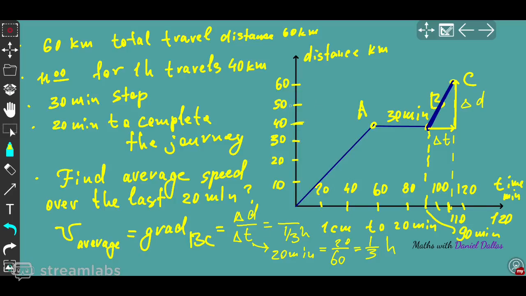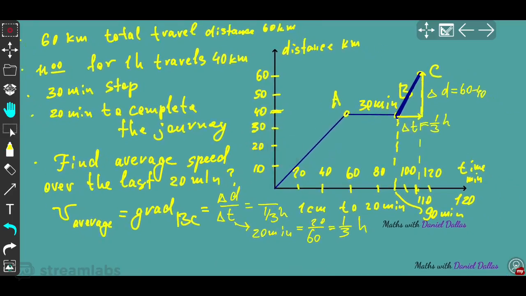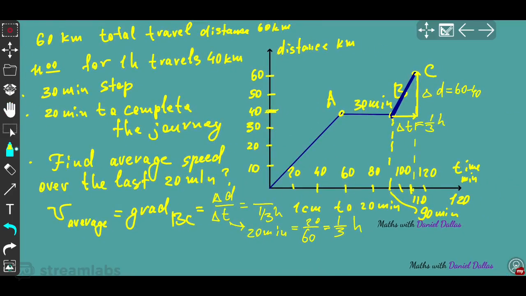From 40, yes, to 60. That's your change in distance. So 60 minus 40, yeah? And time taken is 1/3 of the hour. Okay? Yeah. 20 minutes in other words. Okay? And if you write finally, average speed right now.